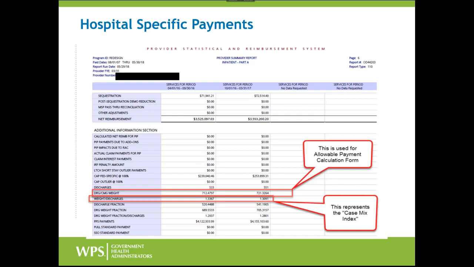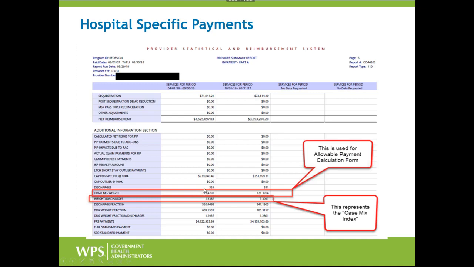If you take a look at PSNR report type 110, here we have a period of time. So notice we have split this at 9/30, so 10/1, there's a split for those. So this is a group of claims for each of these columns. Now we have a DRG or CMG weight, in this case 712, and then the other one is 721.